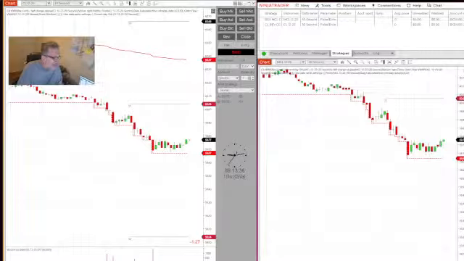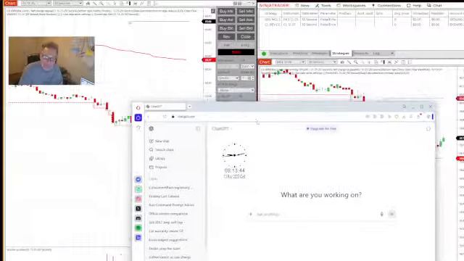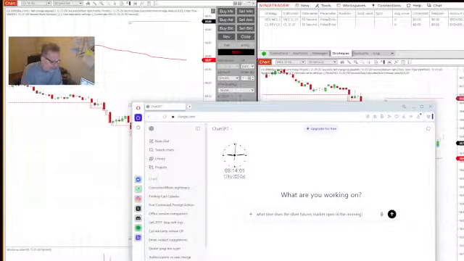So let's take a quick look. Let's use our friends at ChatGPT. What time does the silver futures market open in the morning? And what's our symbol?